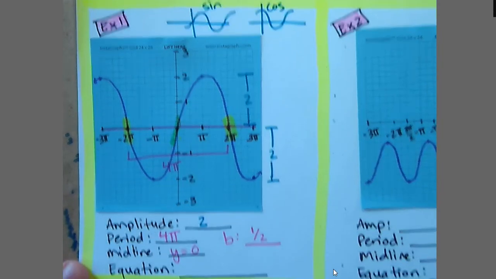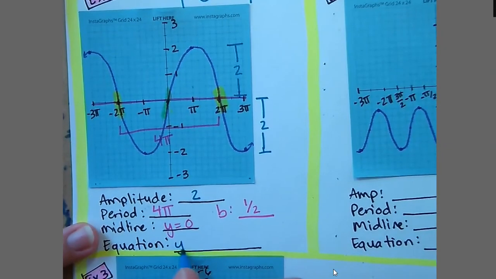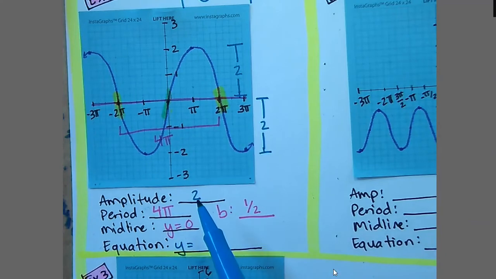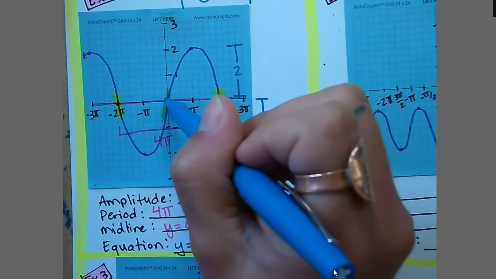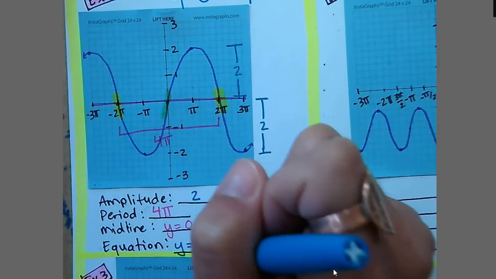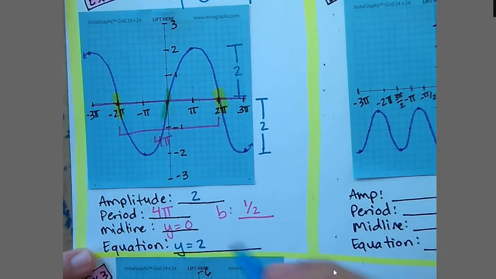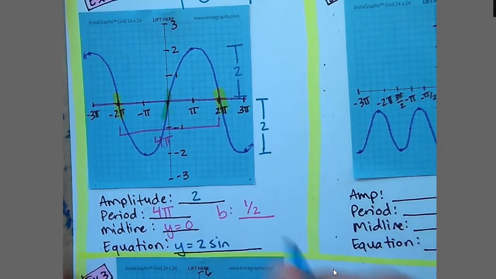So how we're going to start our equation is always y equals, or f of x equals, it doesn't really matter. F of x equals, then we're going to go with the amplitude, so 2. And since this is not flipped upside down like this, it's going to be positive 2. Then we're going to put sine, since this is a sine function.